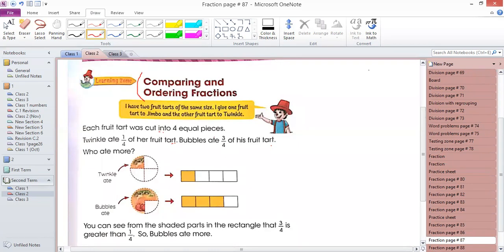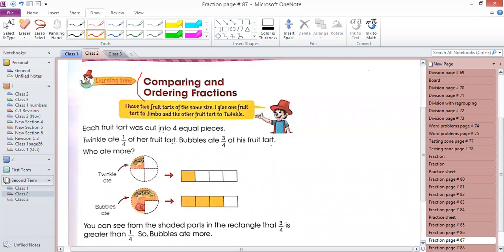Yes. part Hmm. of Hmm. the Hmm. same size. Hmm. I Yes. Give. Give. Hmm. One. Hmm. Fruit. Hmm.